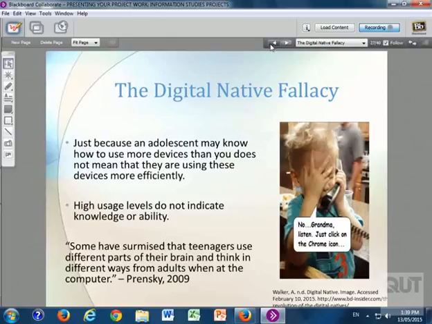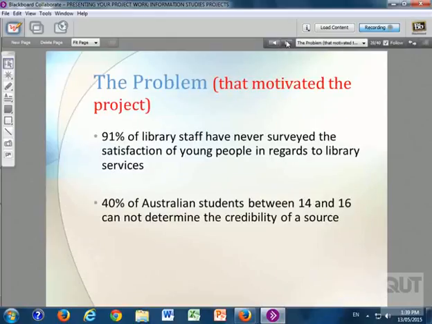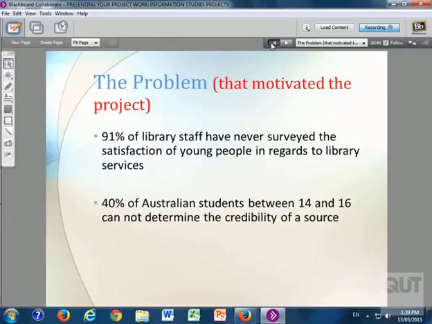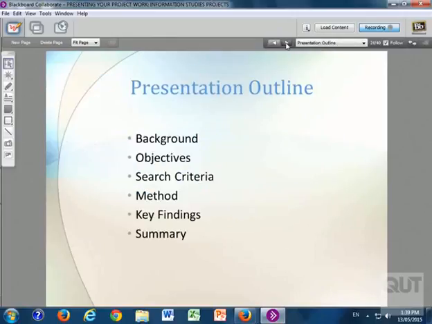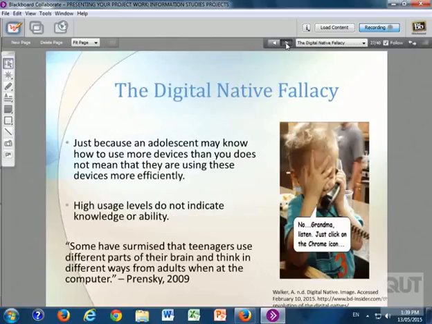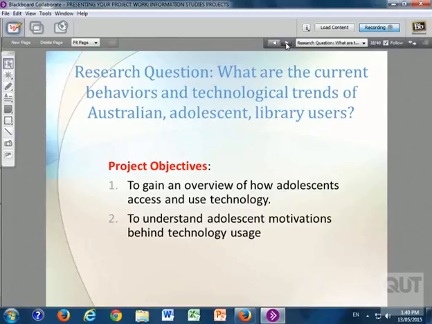This just leads into a bit more. So we've talked about the problem, and now we're starting to provide a bit of the background. Okay? If we go back to the structure of the presentation that the student presented for us, this really falls into background. And then this is the research question that emerged.